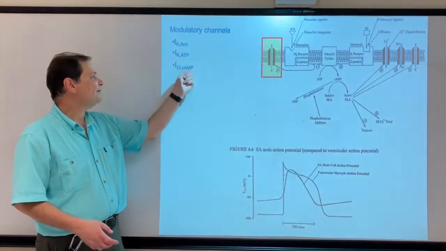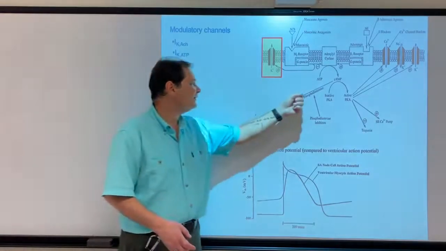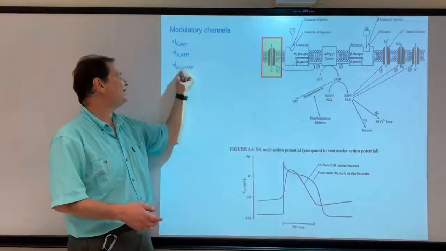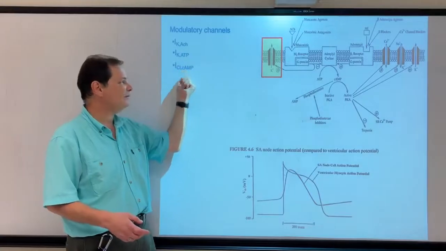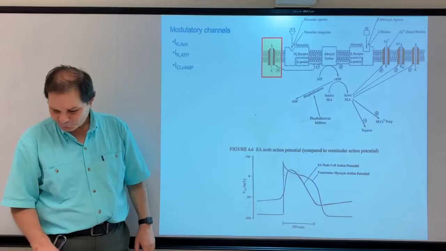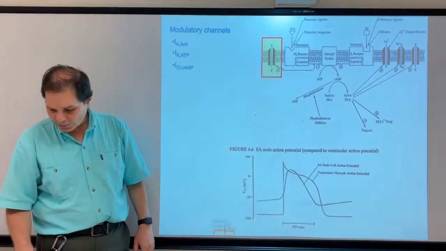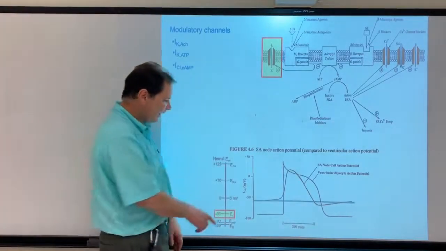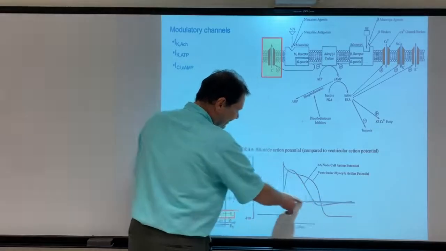The other thing is, particularly in ventricle, this rise in cyclic AMP will bind these chloride channels and cause them to open. So what does that do? Well, your equilibrium potential for chloride is about -55.